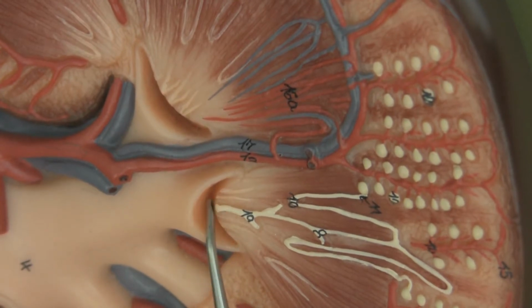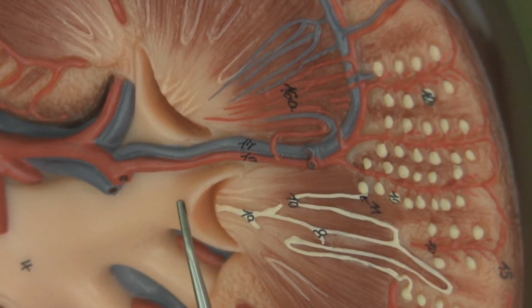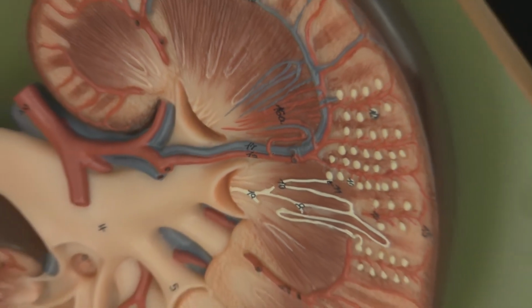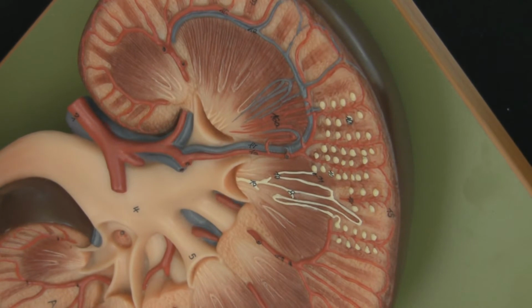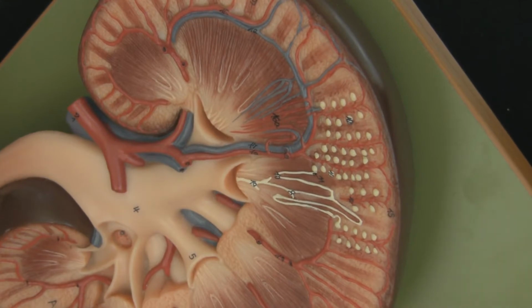And this drains urine constantly into this cup, the first of which is called a minor calyx. And the merger of two or more minor calyces forms a major calyx. And all of the major calyces converge into the renal pelvis, which carries urine out into the ureter.